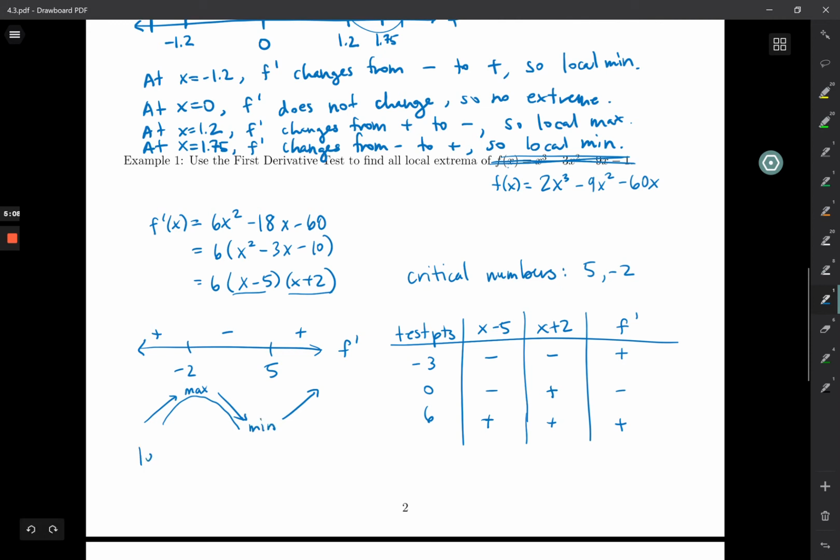So we get a local max at x equals negative 2 and a local min at x equals 5. And that is by the first derivative test. When you use the first derivative test, you don't need to write down that you're using it. You can just go ahead and make the conclusion. So this would be our answer. That is our local extrema for this function.